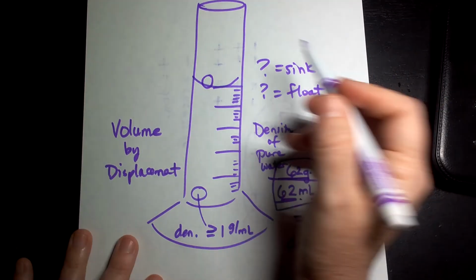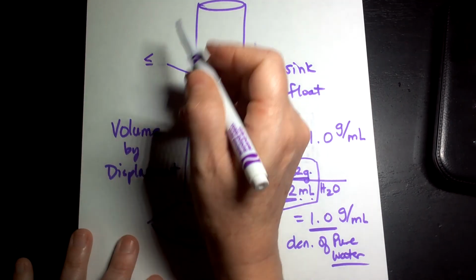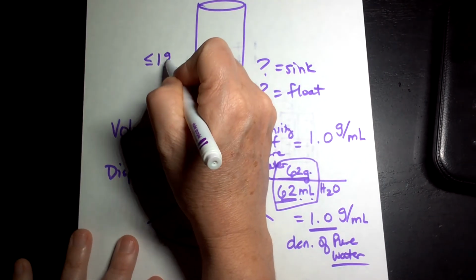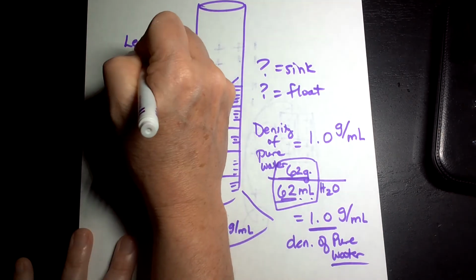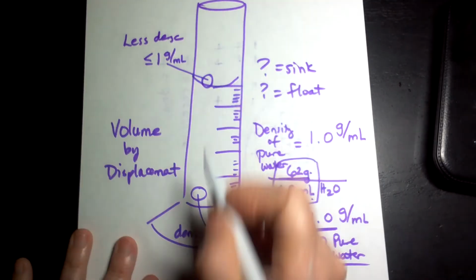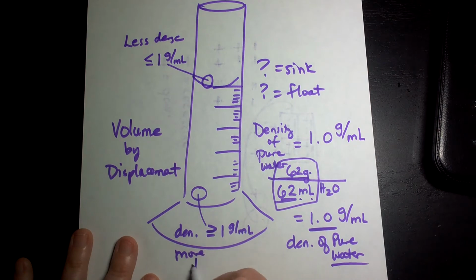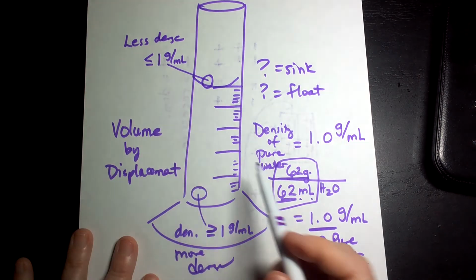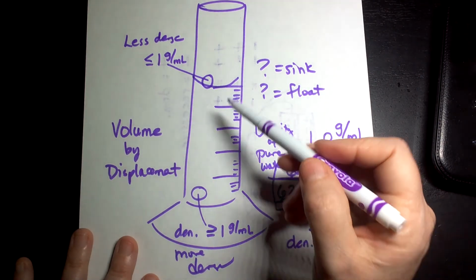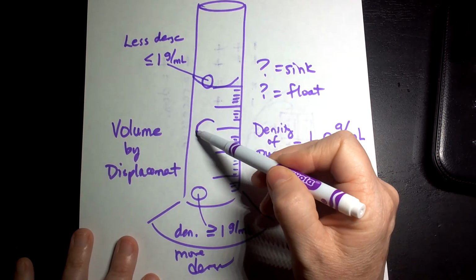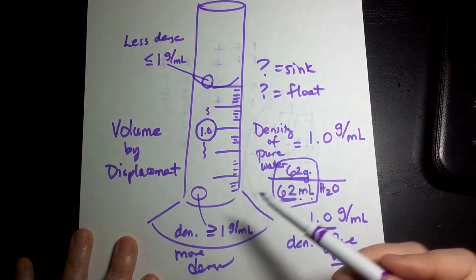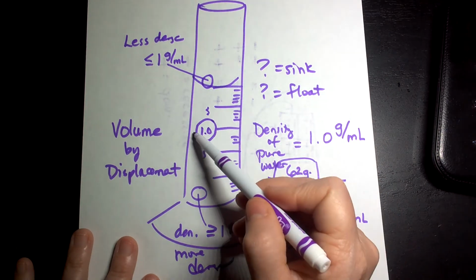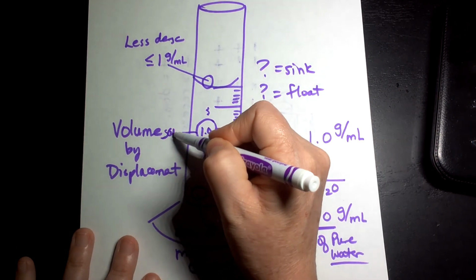Anything that floats at the top is going to be less than 1 gram per milliliter because it's going to be less dense than water. So this is more dense. This is less dense. And if I put an item in here that has a density of 1.0 also, it will kind of float halfway in the middle of the water because it has the same density.